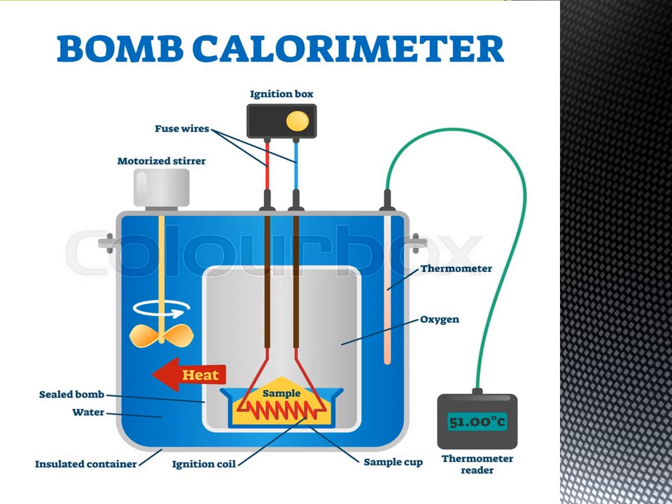A stirrer is placed in the space between the wall of the calorimeter and the bomb so that water can be stirred uniformly. As you are seeing in the picture, there is a motorized stirrer.